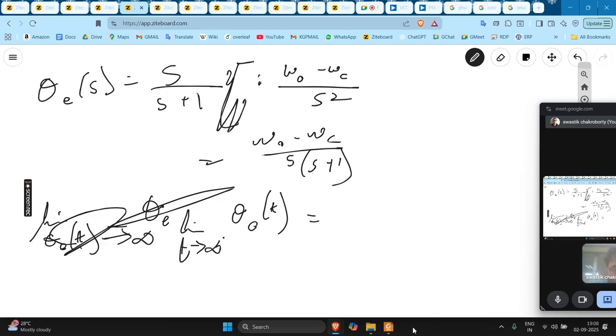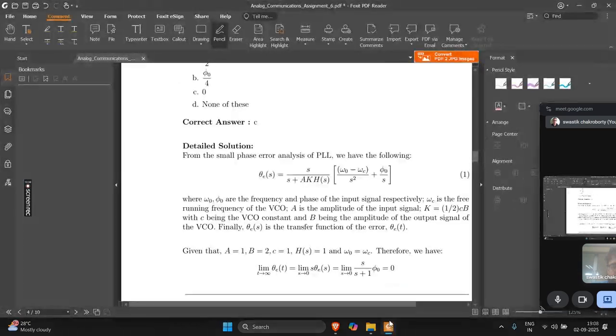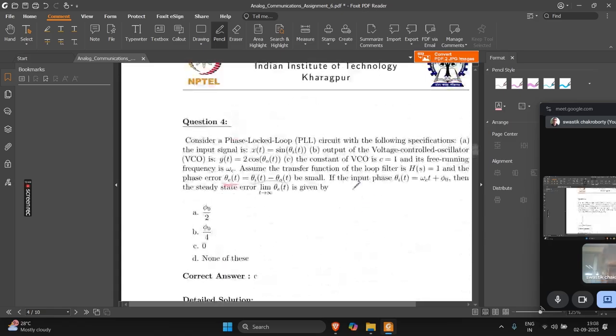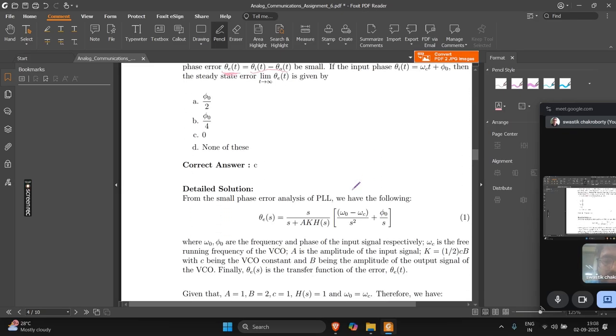Omega naught and phi naught are the frequency and phase.